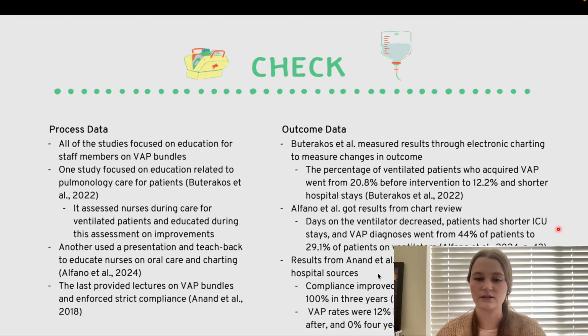Days on the ventilator decreased, patients had shorter ICU stays, and VAP diagnoses went from 44% of patients who were ventilated to 29.1% of patients. Results from the last study were determined through multiple hospital sources.